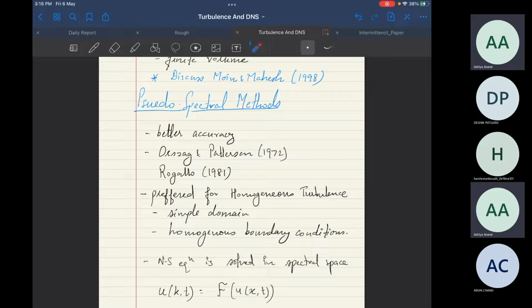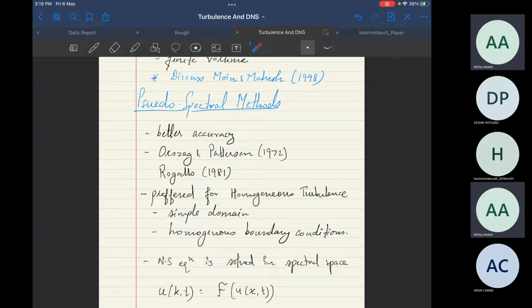These are preferred when you have a simple domain, like cubical or rectangular, and where your boundary conditions are homogeneous.